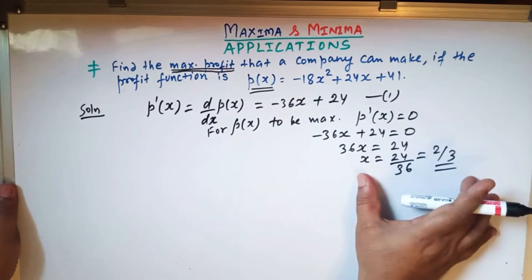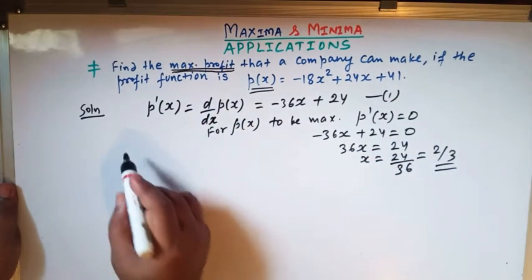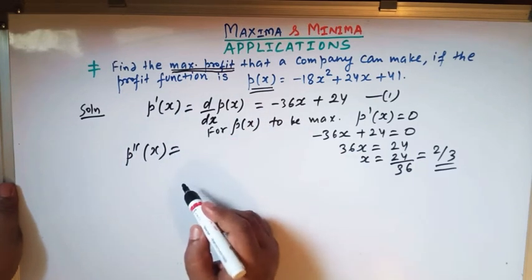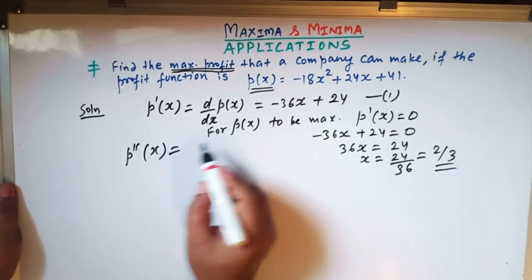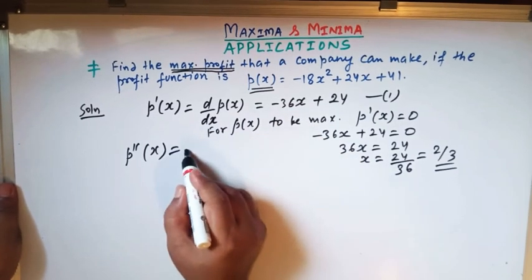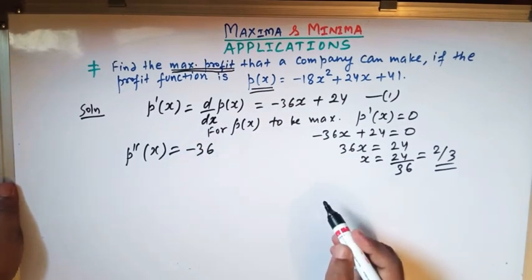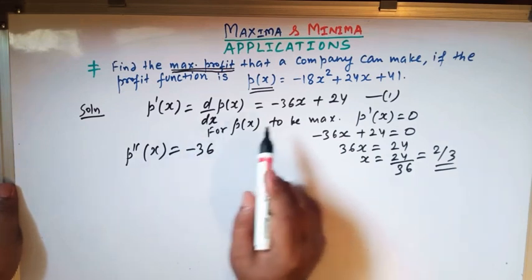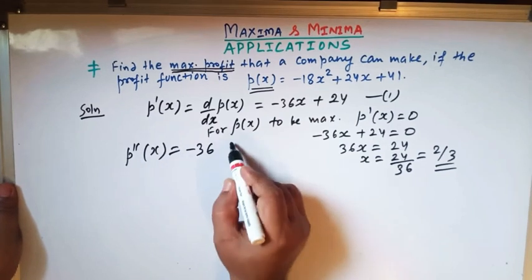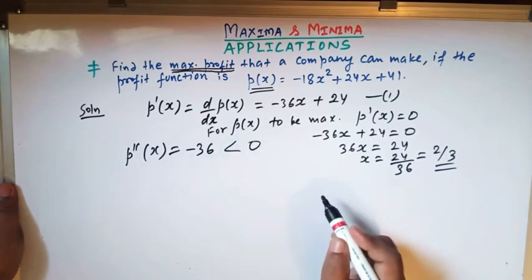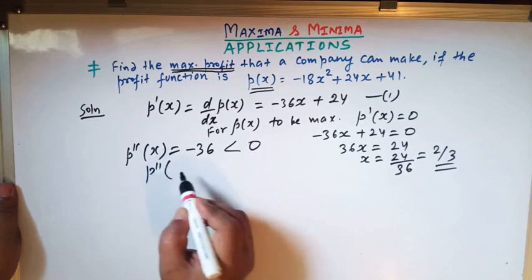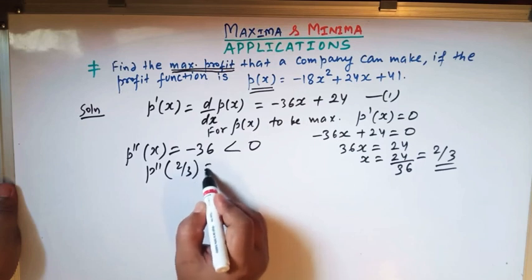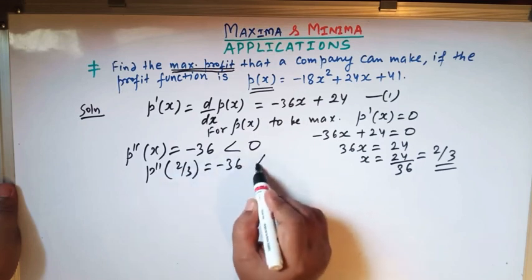Now we'll find the second derivative of p of x. This is minus 36. So it is obvious from this expression that the second derivative is less than 0. The value of the second derivative at x equal to 2 by 3 is minus 36, which is less than 0.